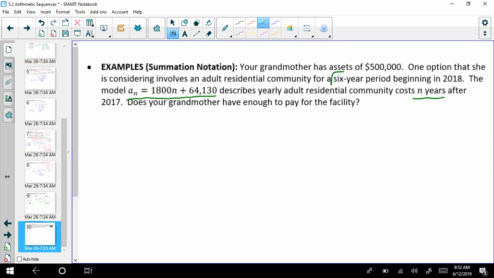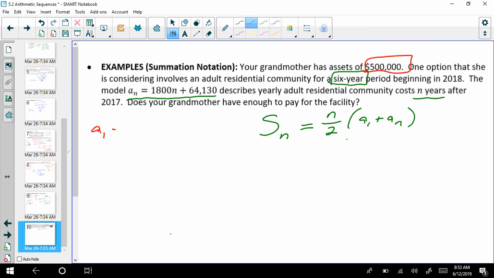We're also dealing with a 6-year time frame. So if I want to deal with money over 6 years, we're going to be using the sum formula because I want to find like a grand total. And once I have this grand total, I'm going to compare it to how much money she has, and that'll tell me if she has enough or not.